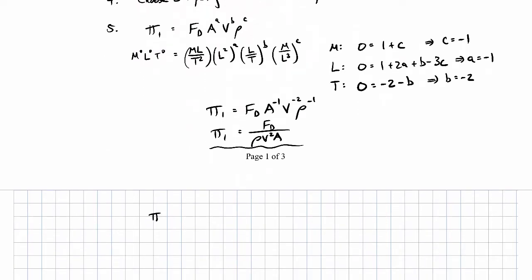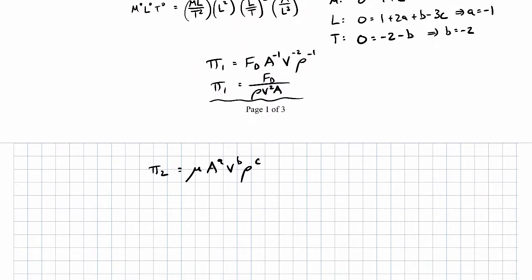So our second pi term will involve the dynamic viscosity. So we follow the same procedure that we just went through with the drag force. So we'll have mass to the 0, length to the 0, t to the 0 on the left-hand side, and then we have the viscosity dimensions, or mass over length time.